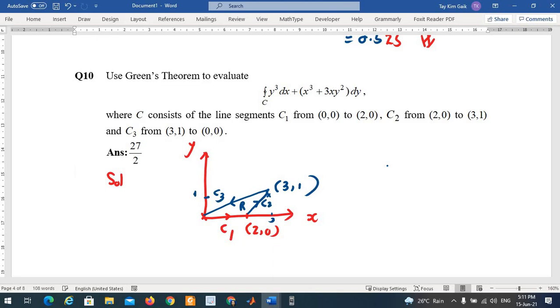How do you obtain the straight line equation, and how to get the equation for C2 and C3? How to get the curve for C2?